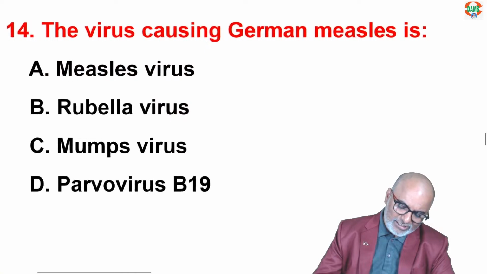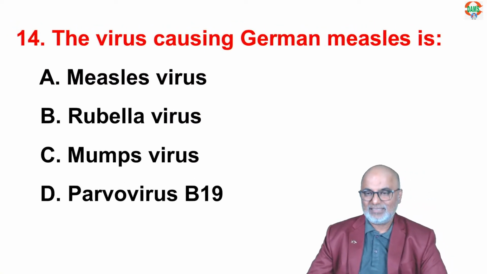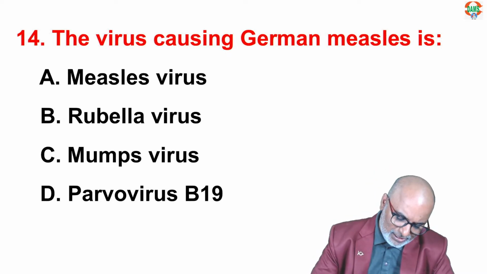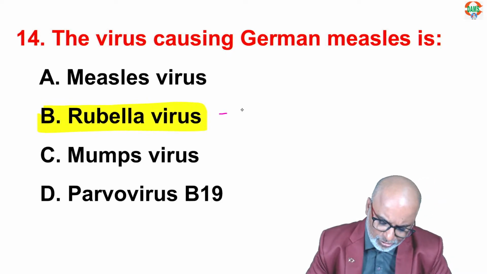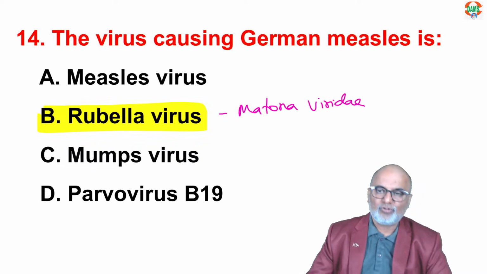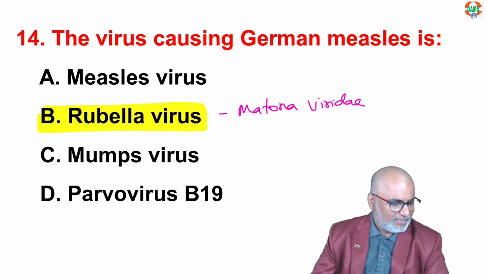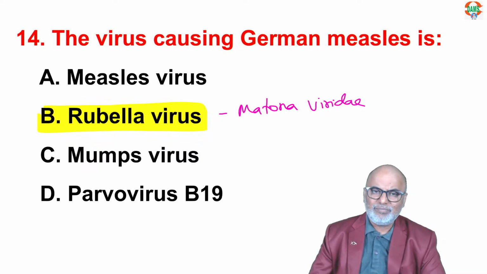Virus causing German measles is, please remember, German measles is nothing but rubella virus. It comes under Matonaviridae. Rubella virus, Matonaviridae, that's called German measles.